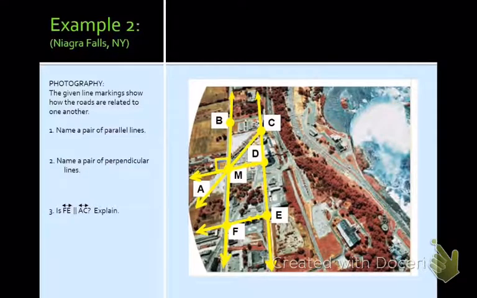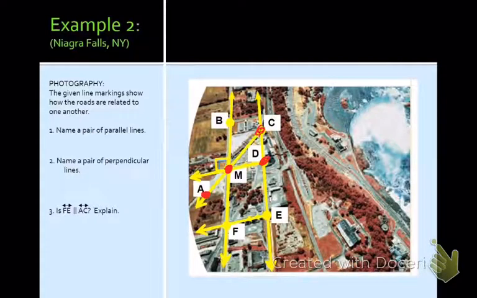Okay, an example of this stuff in the world around you. All right, so this is a couple of streets in Niagara Falls, New York. Now you might need to darken in some of your lines, right? So let me relabel these. Understand that point A is right here. Point M is here.